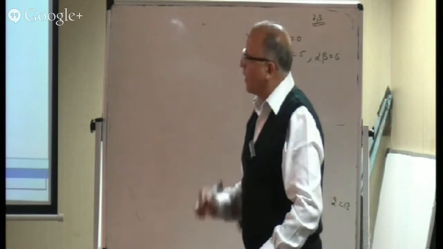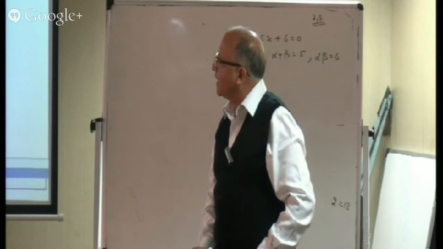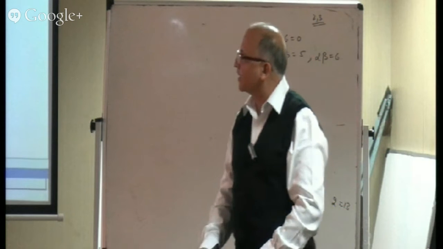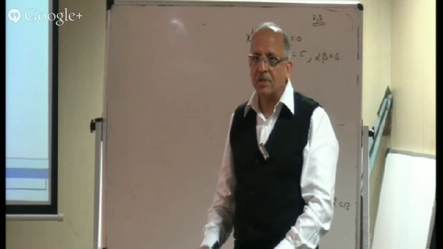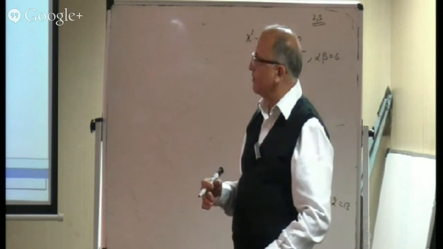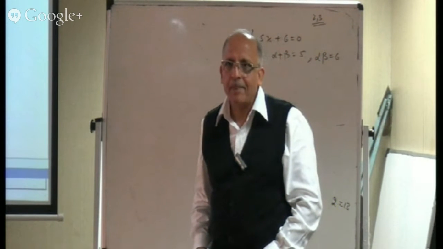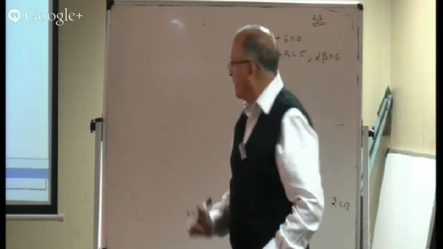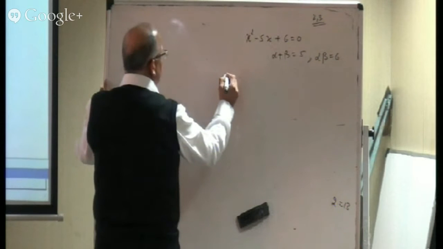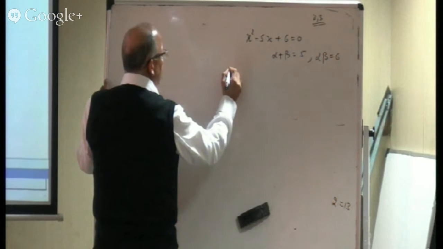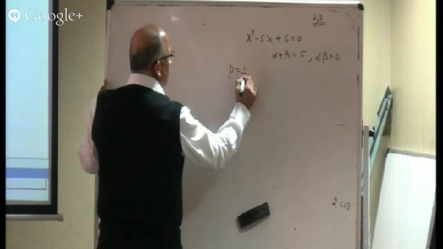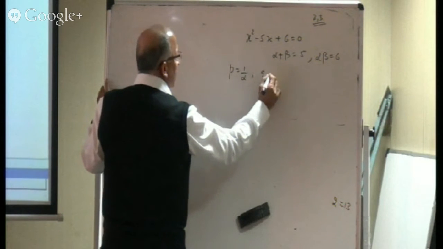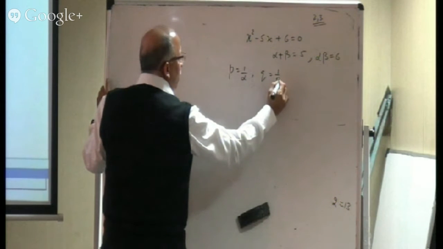You want to form an equation. Suppose I take second part whose roots are 1 by alpha and 1 by beta. So if I write, say, P as 1 by alpha and Q as 1 by beta, how you write the equation?